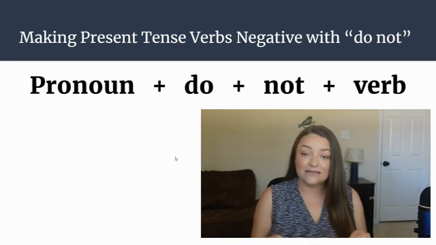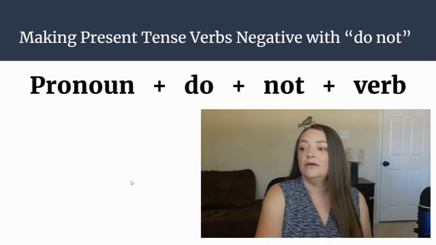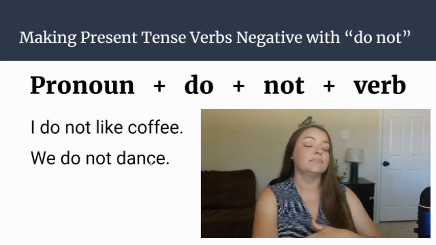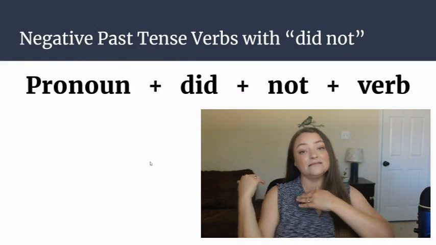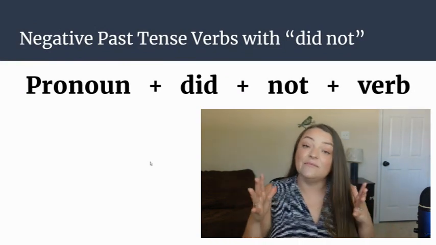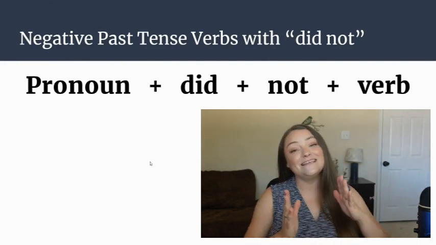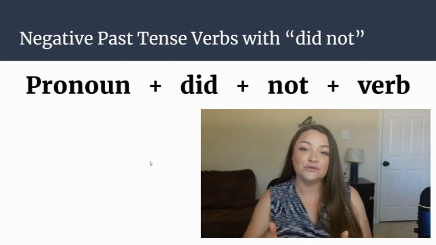So in the present tense, we add do, not, and then the verb. I do not like coffee. We do not dance. So in the past, we're going to do the same thing, except instead of do, we're going to use did, because did is the past tense of do.